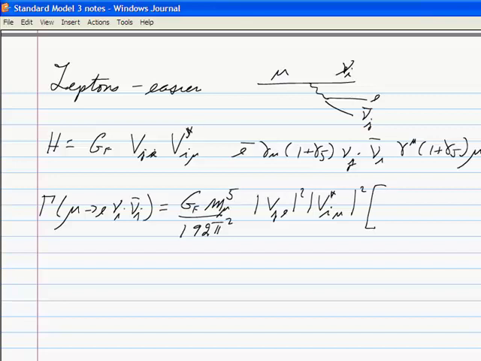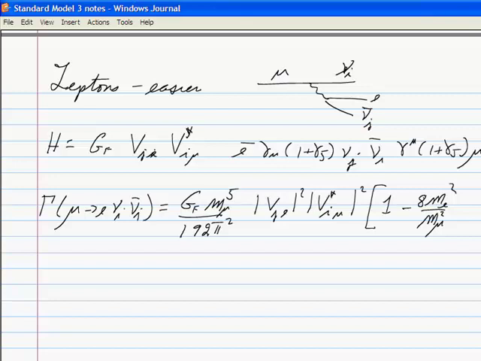So then there's a bunch of terms. It starts off with a 1. There's a piece that's relevant for the electron mass. It's minus 8 m_e squared over m_mu squared.